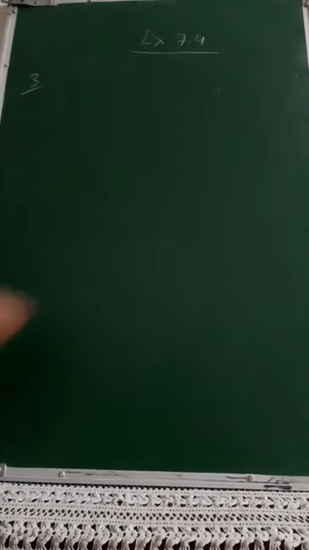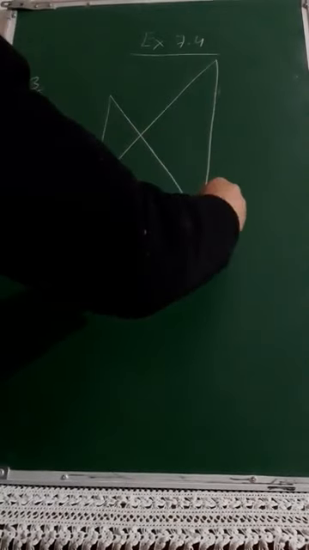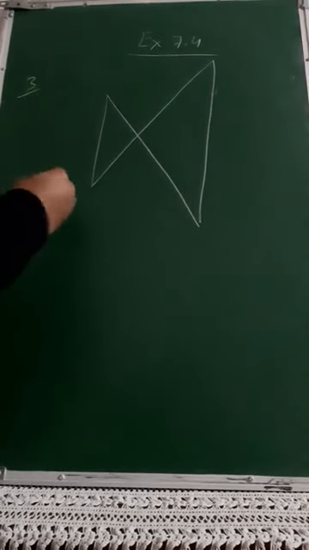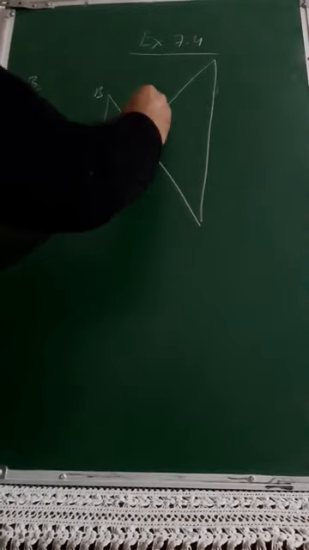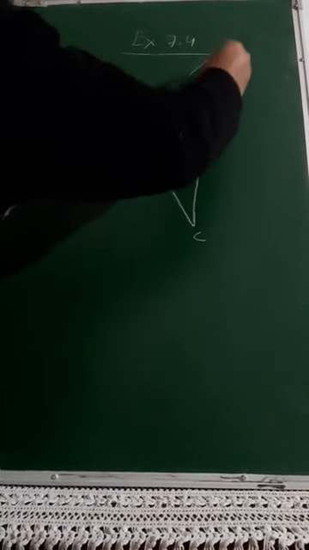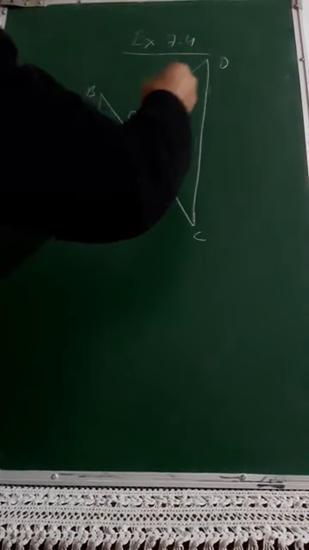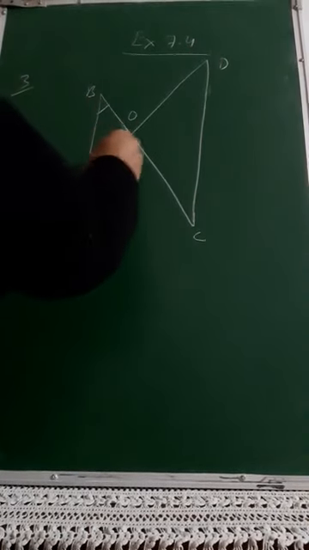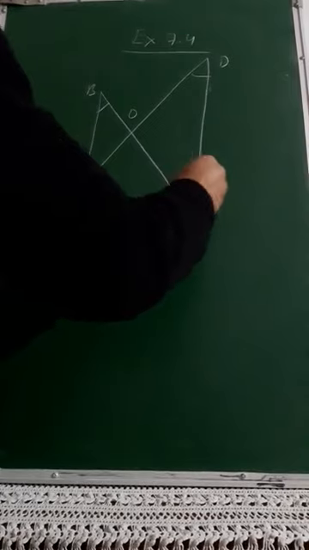The third question is, again, the figure is given to you. Here it is A, here it is B, here it is O, here it is C, and then it is D here. These are the angles in comparison.